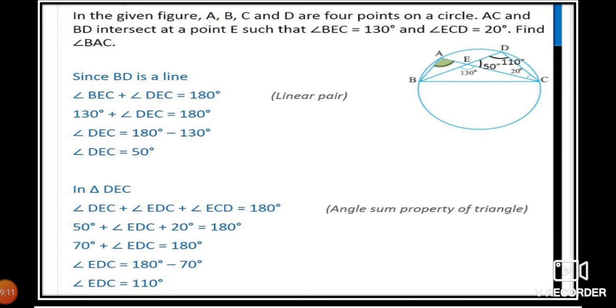Next, in triangle DEC, angle DEC plus angle EDC plus angle ECD equals 180 degrees.